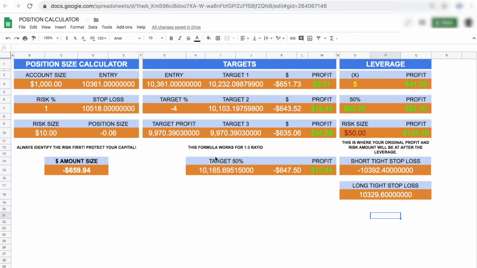So it is the same for long positions. If I'm going long, that's where my stop loss will be from my entry, right?